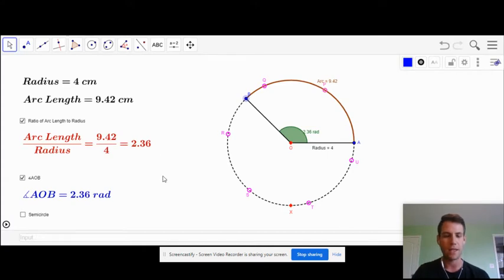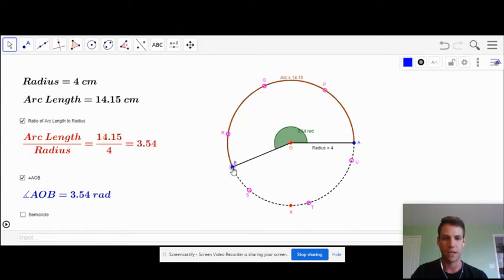And you can see that the radians are basically just a ratio comparing how long the arc length is compared to how big the radius is. And if we go all the way around the circle, we can see that the radian measure is matching the ratio to the green angle we're making.